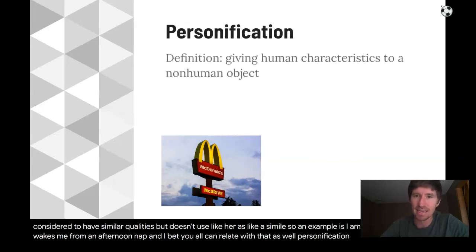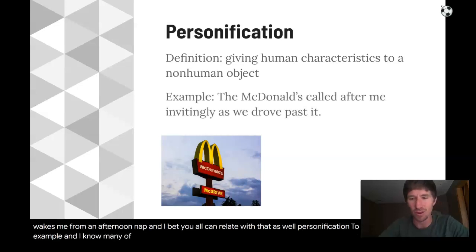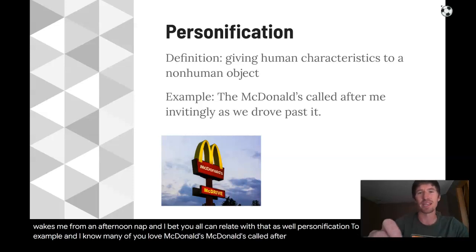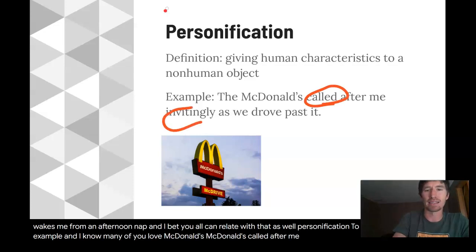Personification is giving human characteristics to a non-human object. For example, I know many of you love McDonald's. The McDonald's called after me invitingly as we drove past it. McDonald's can't talk. But in this sentence, we use personification, and it could.